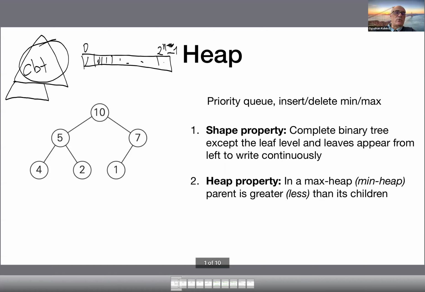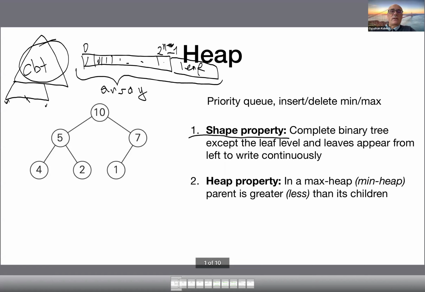Since the leaf nodes are ordered from left to right without any vacancy, there will be no empty positions. Moral of the story, when you have a heap, it is no other than an array. Okay, so this is just an array. And it conforms to the shape property.